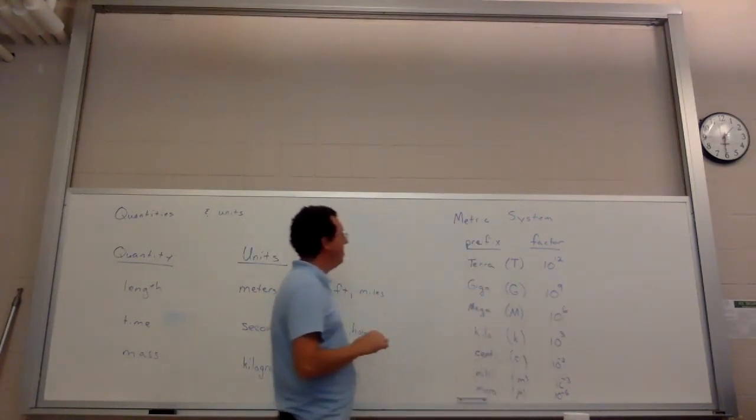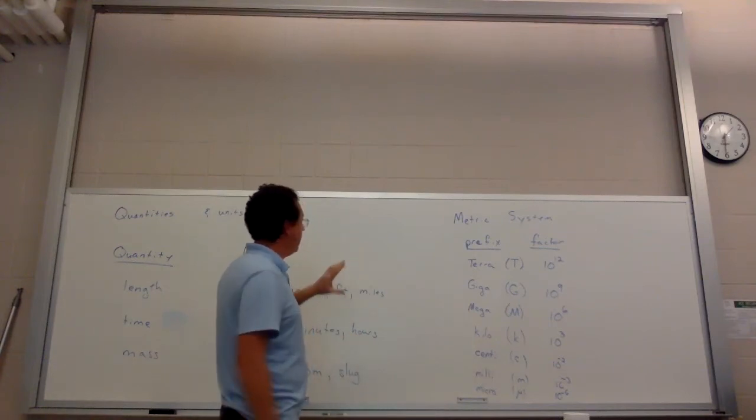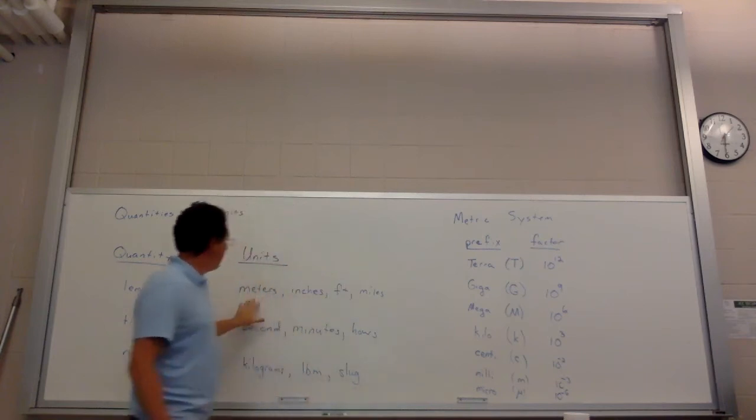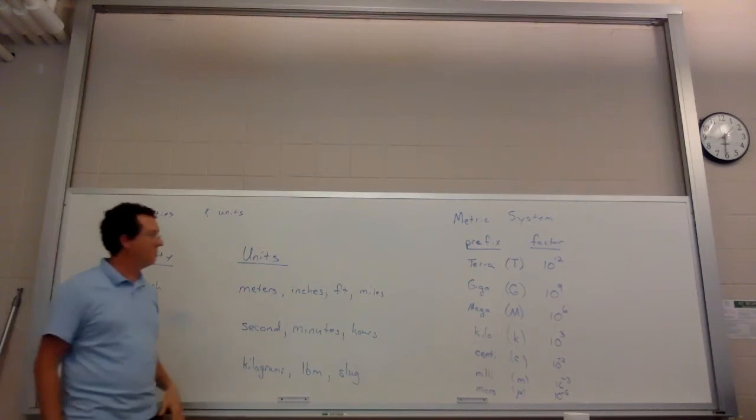Okay, so how do we use these to relate things? What I'm going to do is combine these, and I'm going to use meters, just so it's a simple thing.